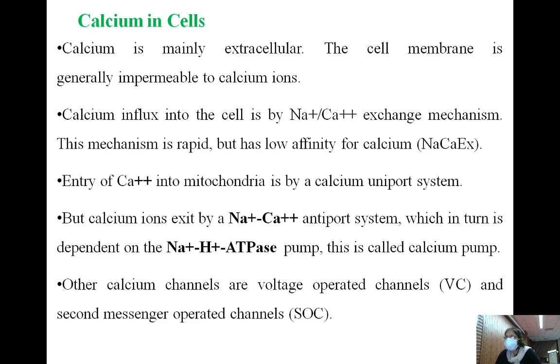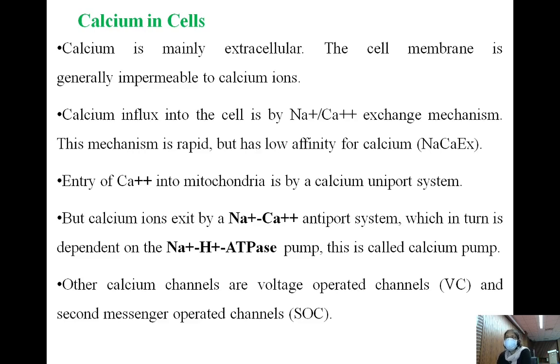So for calcium influx into the cell, we need some transporter, active transport, isn't it? Because it is mainly an extracellular ion and the cell membrane is quite impermeable to calcium ion, we need a transporter mechanism.